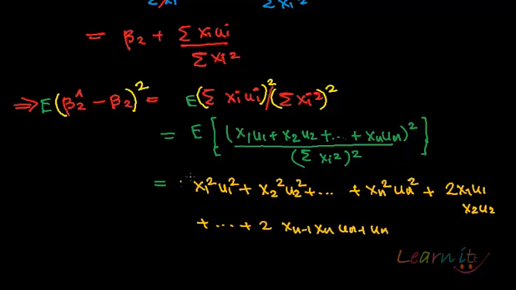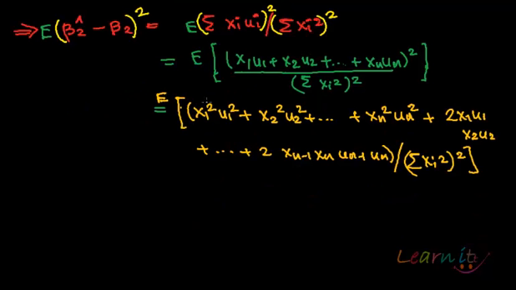Fine. All this divided by (summation of xi square) square, and you take the expectation of all this.